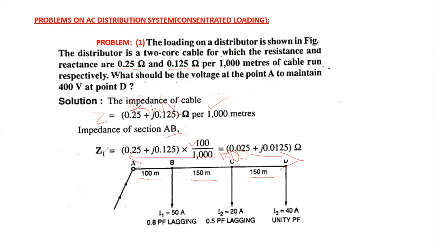This is the impedance at section AB, Z1 or ZAB.